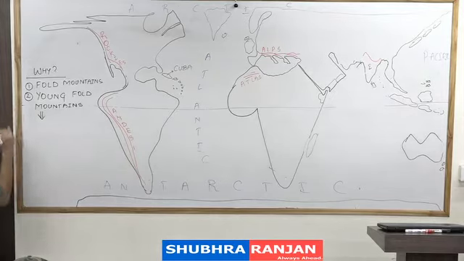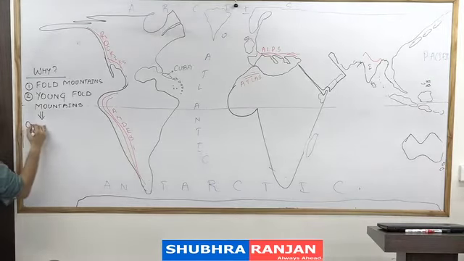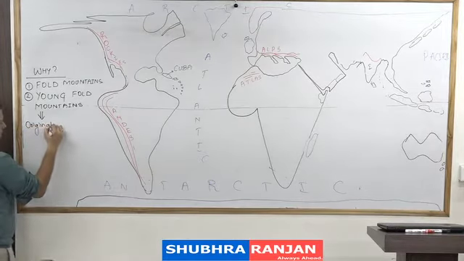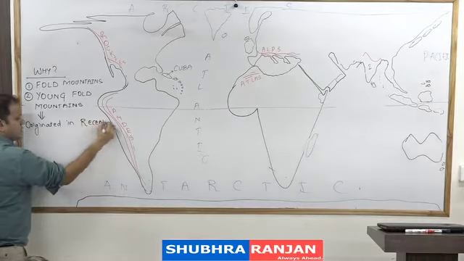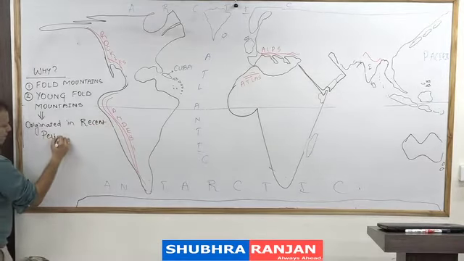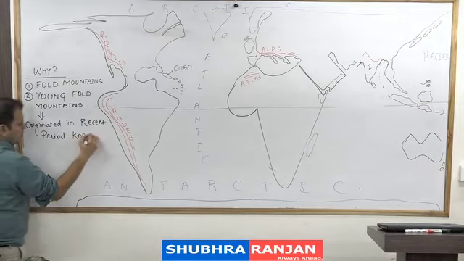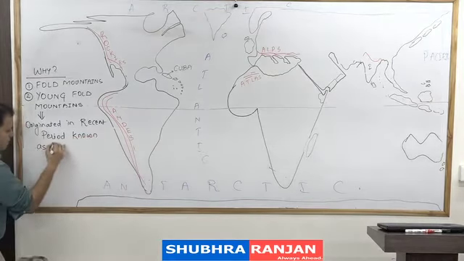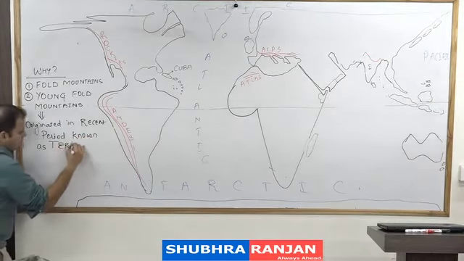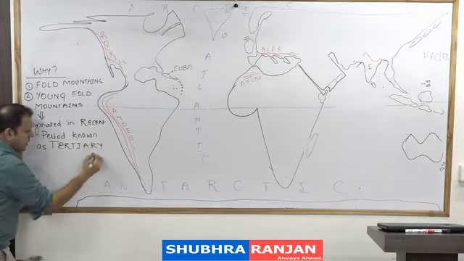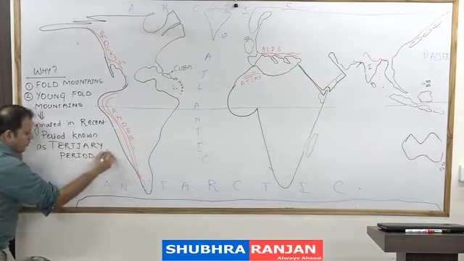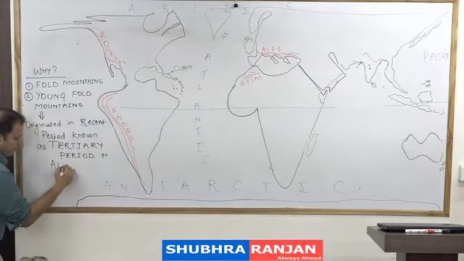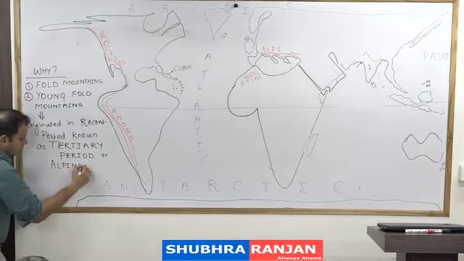They are known as young fold mountains because they originated in the recent period of the earth, known as the tertiary period or alpine orogeny.